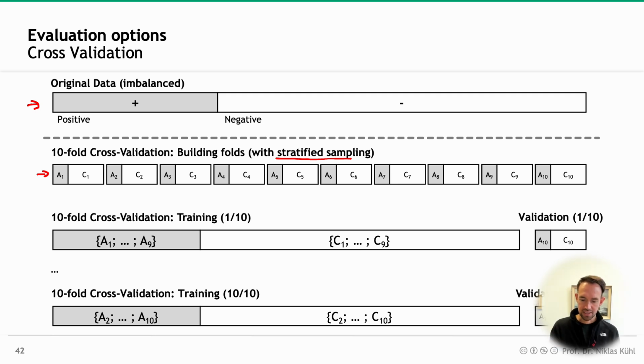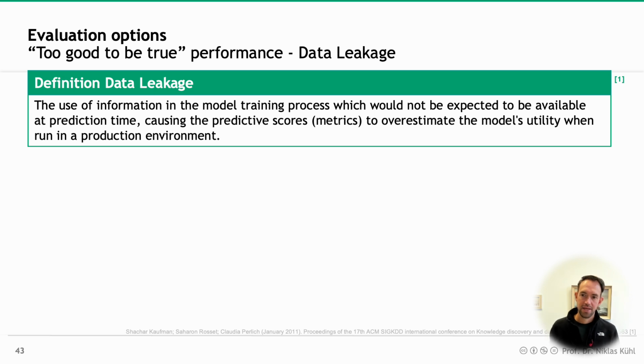And speaking of data leakage, what is that? So data leakage is using information in the model training process which should not be available at that stage for predicting, because what will happen here is that you will overestimate the model's power when it will be finally run in a productive environment.